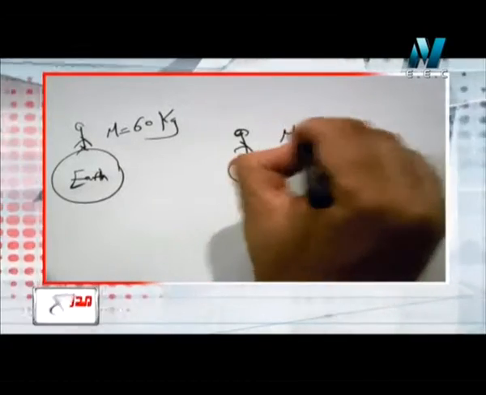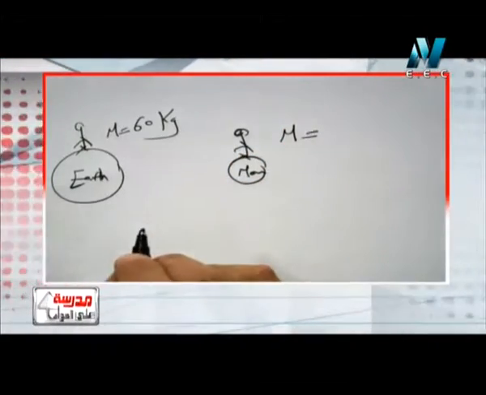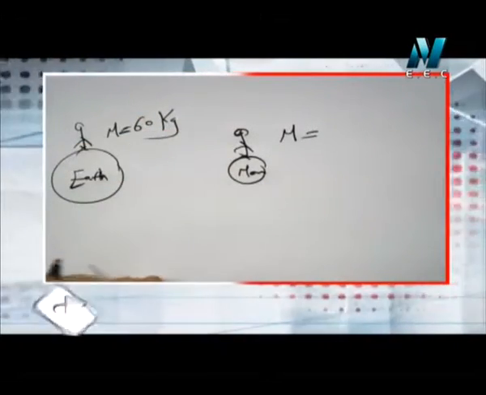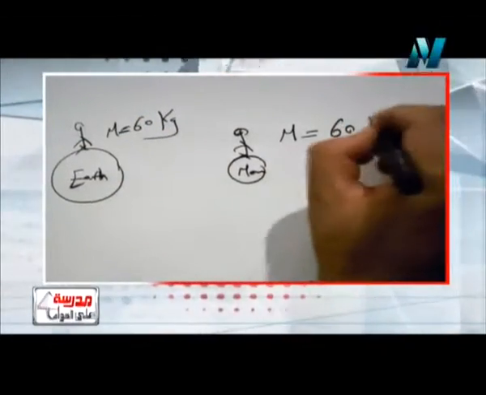Yeah, it will become lighter. No, it doesn't change. The mass doesn't change, but the weight changes. We are still on mass. The mass doesn't change. Mass equals 60 kilograms.